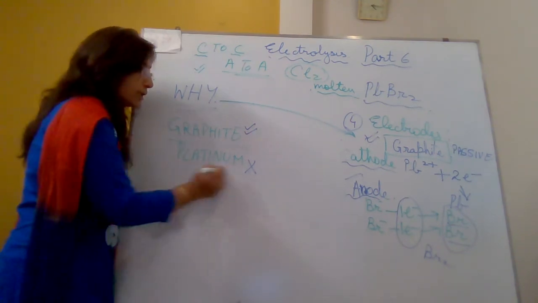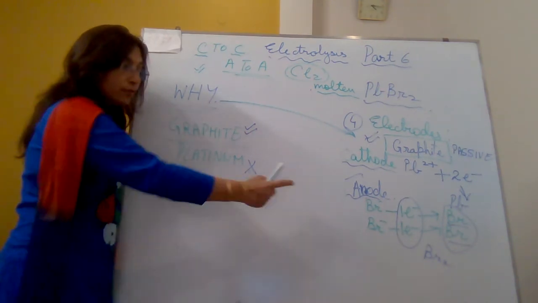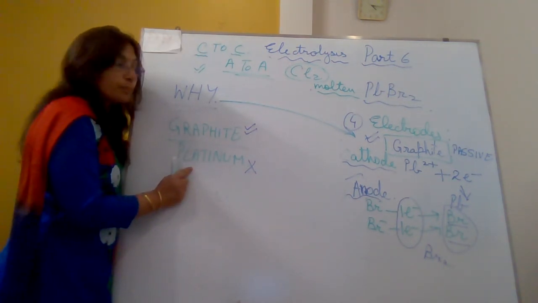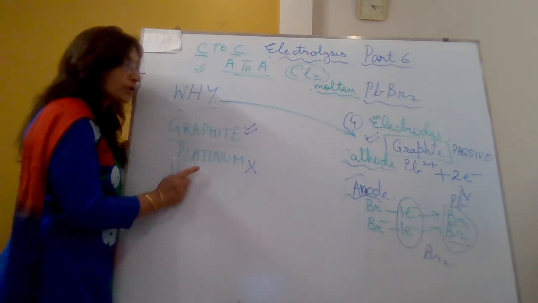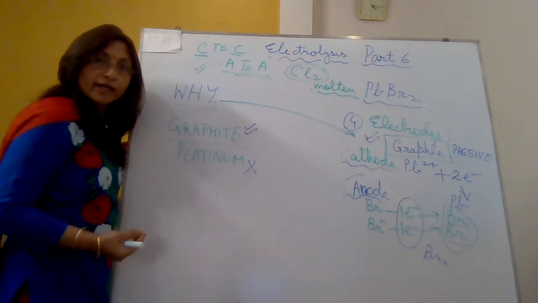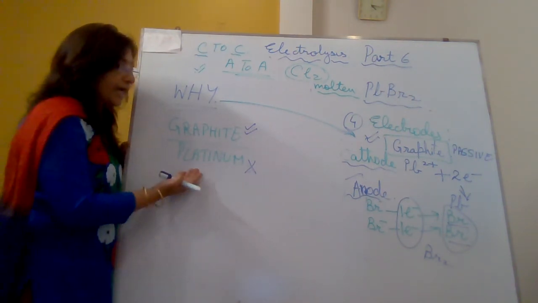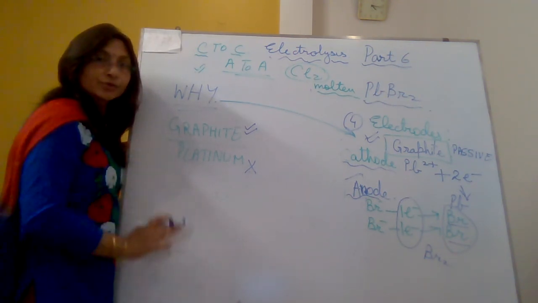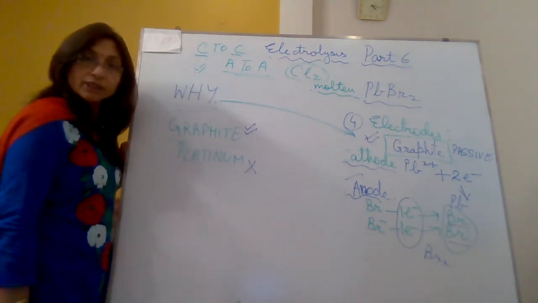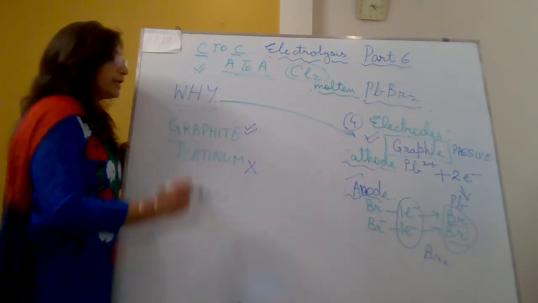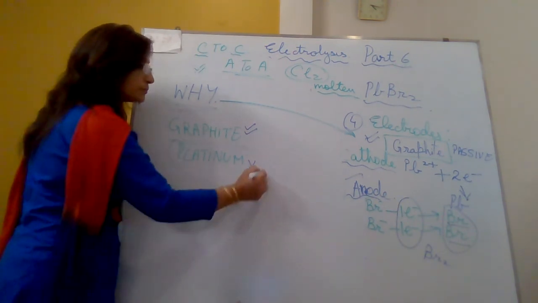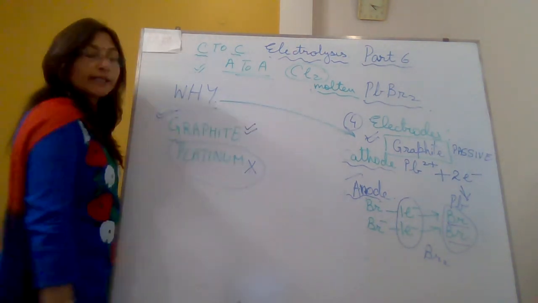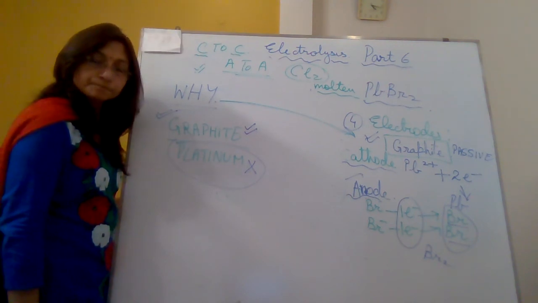As a result, the platinum gets corroded by the volatile nature of bromine gas, और we don't want that kind of burning of the platinum electrode, क्योंकि platinum जो है वो ब्रोमीन के volatile vapors के साथ react करता है, whereas graphite is a complete passive electrode. ग्रेफाइट के ऊपर ब्रोमीन के वेपर्स का कोई असर नहीं होता। इस वजह से इंस्टेड ऑफ प्लैटिनम द ग्रेफाइट इज प्रेफर्ड while the electrolysis of molten lead bromide is done.